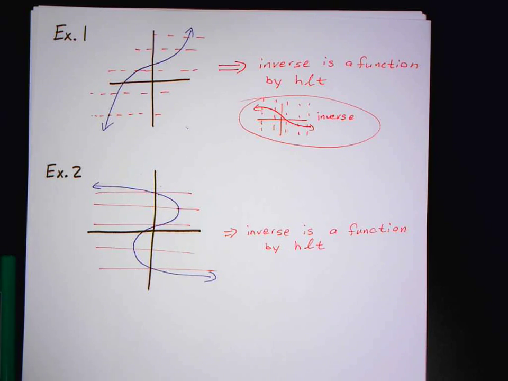So the original doesn't have to be a function in order for the inverse to be a function. And if the original is a function, does not mean that the inverse will be a function.